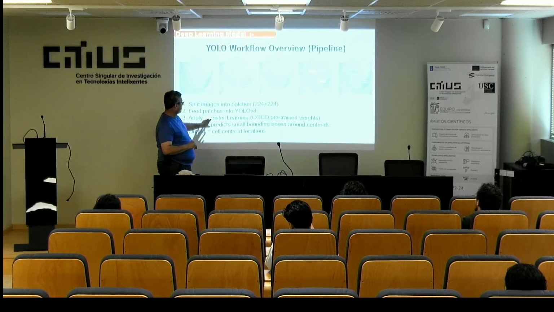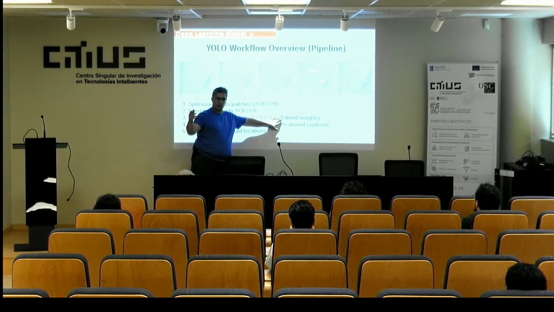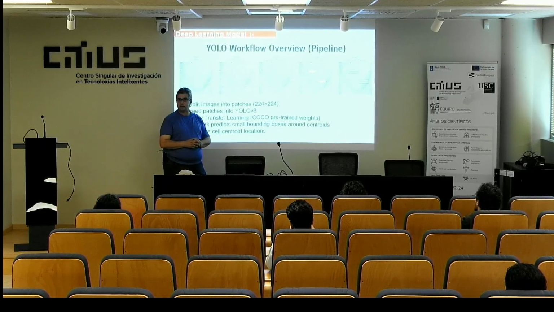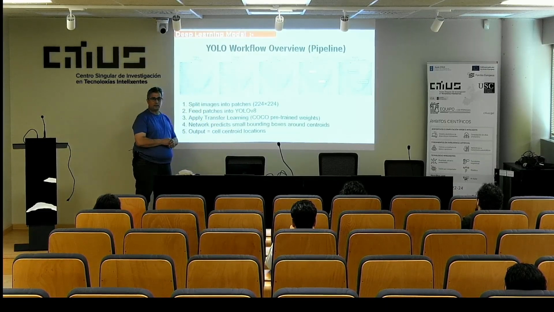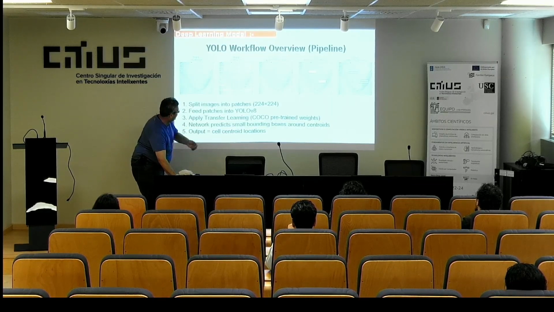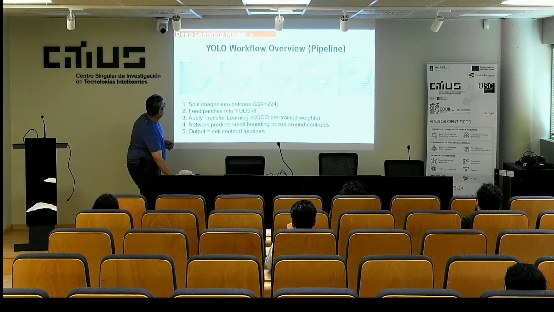Okay, we use COCO pre-trained, which is, I think, a famous data set of computer vision, containing many categories of image and more than 200,000 images of people, of cars, etc. Okay, the YOLO already predicts the small bounding box around the centroid.